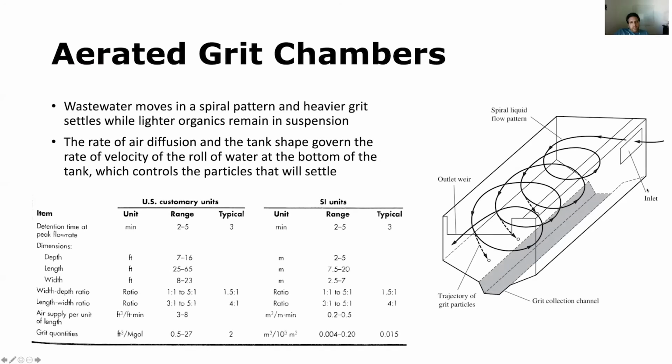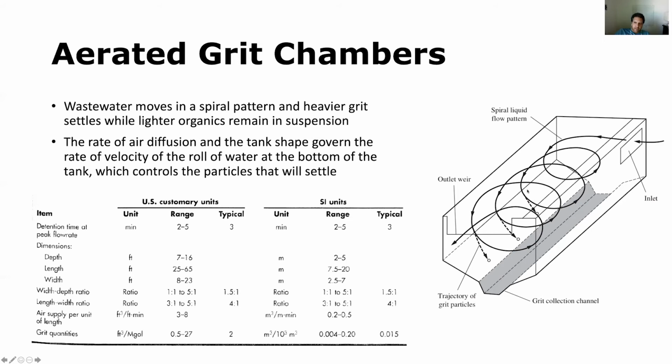All right, next let's look at the design guidelines for aerated grit chambers. So again, in aerated grit chambers, you've got wastewater coming in through an inlet, and it's coming through the chamber in a spiral flow pattern based on the geometry of the chamber.